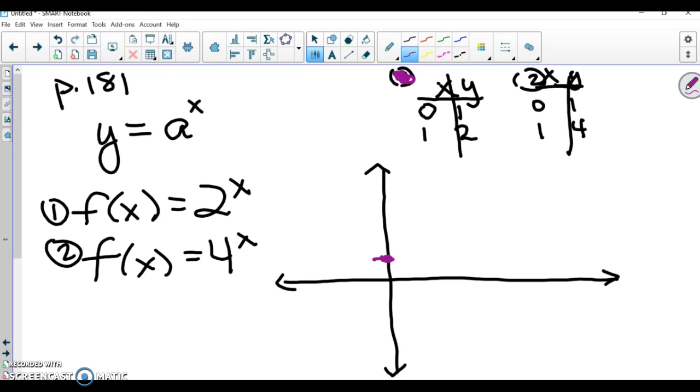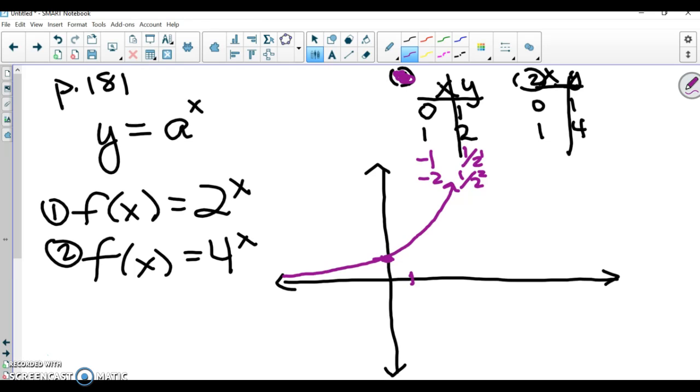And anywhere left of the y-axis, we can see we are going to get increasingly smaller. 1 over 2 to the first. Negative 2 would be 1 over 2 to the second, or 1/4. So as we come from negative infinity, our graph is approaching that x-axis, and as we travel to positive infinity, we can see that our graph, or our range, is approaching positive infinity as well.